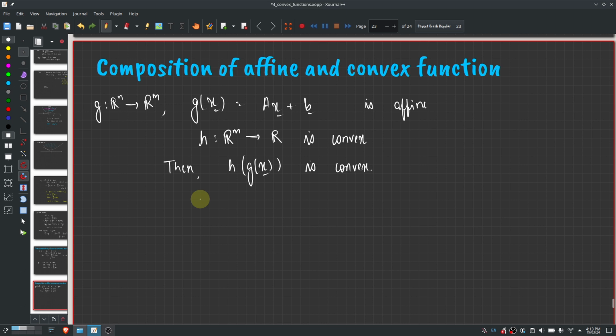Let's simply apply the definition of convex functions. Consider any x1 and x2 which lie in the domain of H of G of x, and take any alpha between 0 and 1.